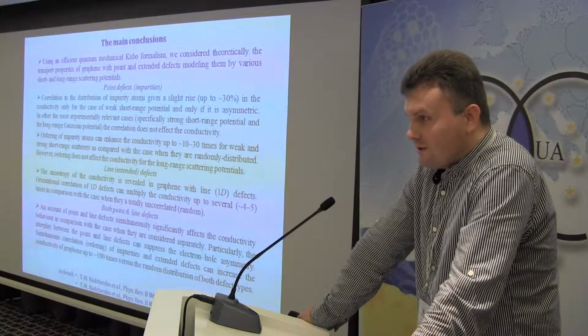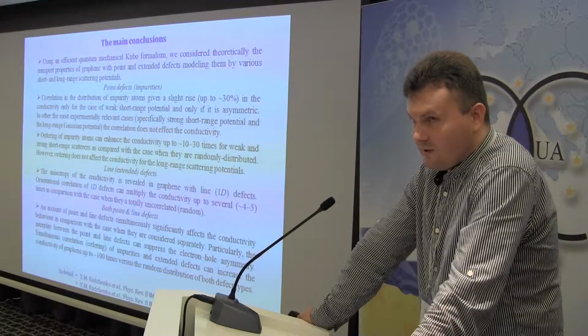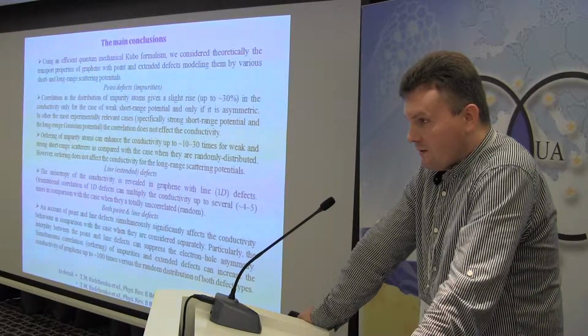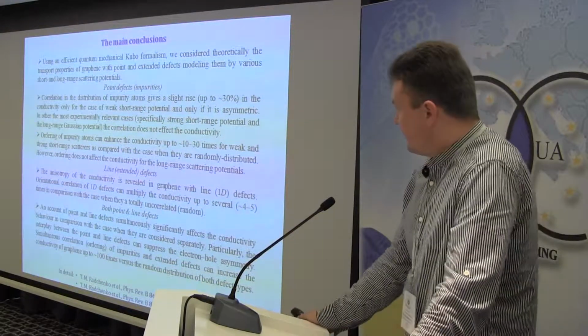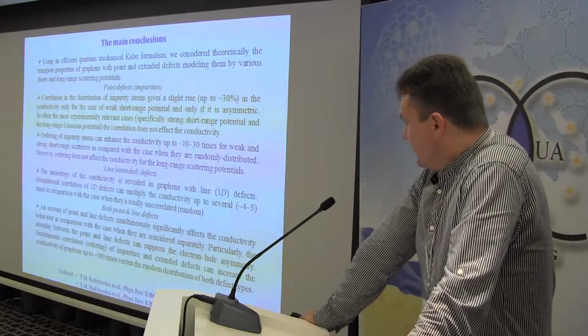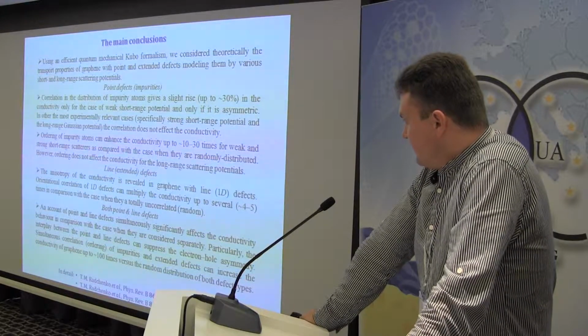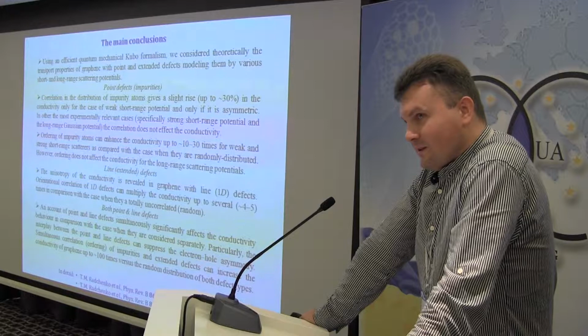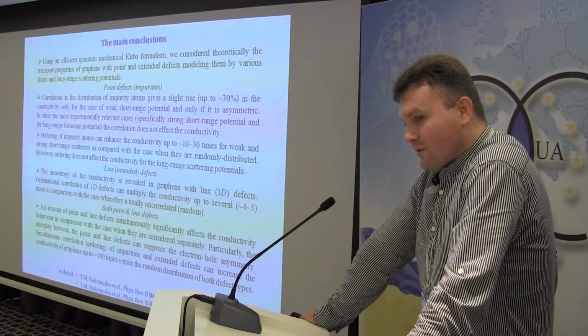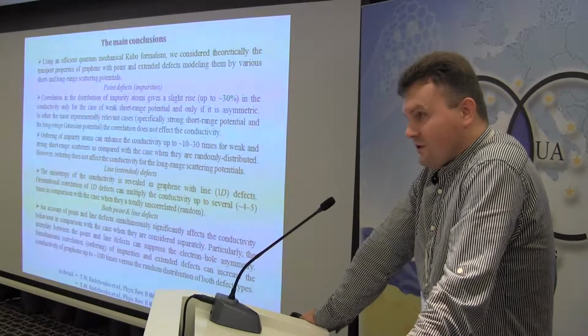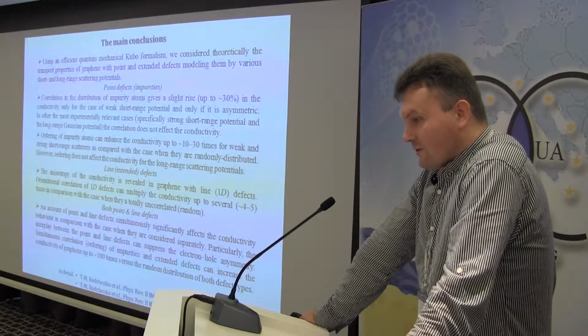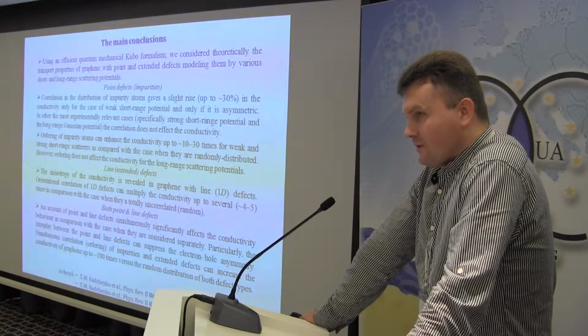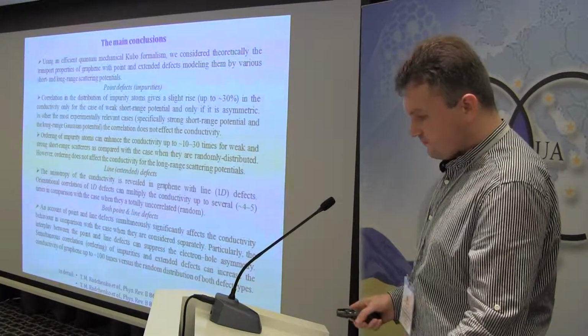But this question is rather for experimental physicists, and it is like a prediction, a forecast. If these results show that we can, this correlation and ordering can serve as an additional tool to control the conductivity in graphene samples. Thank you.